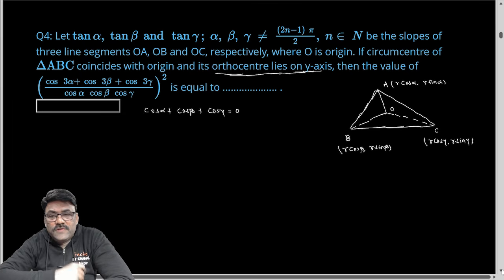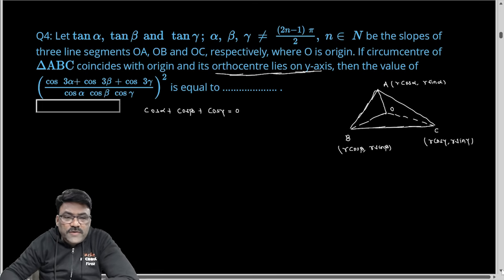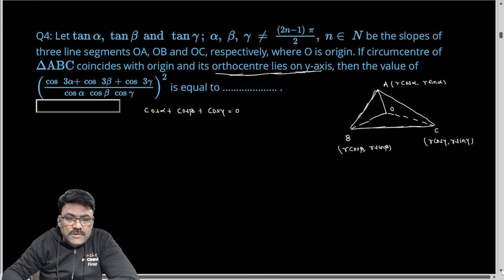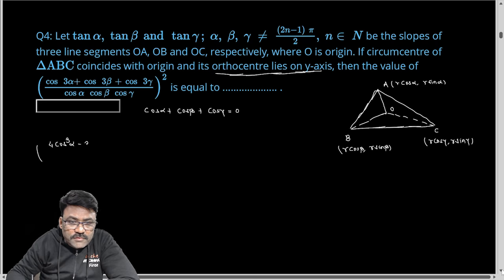The x coordinate of the centroid is x1 plus x2 plus x3 by 3, meaning r cos alpha plus r cos beta plus r cos gamma by 3. It is 0. So this gives you cos alpha plus cos beta plus cos gamma equals 0. Now I have to find the value of cos 3 alpha plus cos 3 beta plus cos 3 gamma over cos alpha cos beta cos gamma, whole square. So I can write cos 3 alpha as 4 cos cube alpha minus 3 cos alpha.